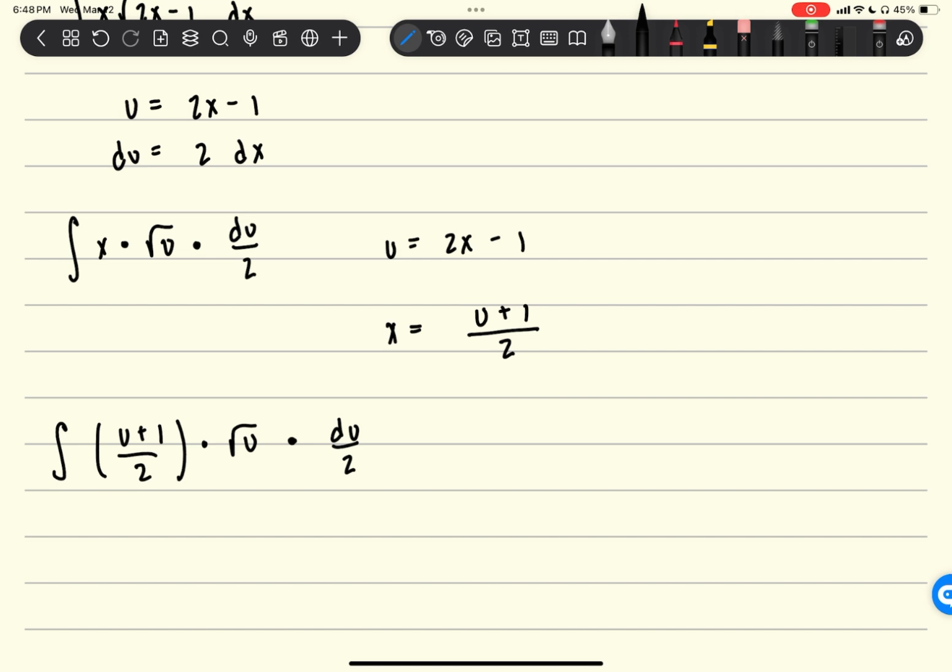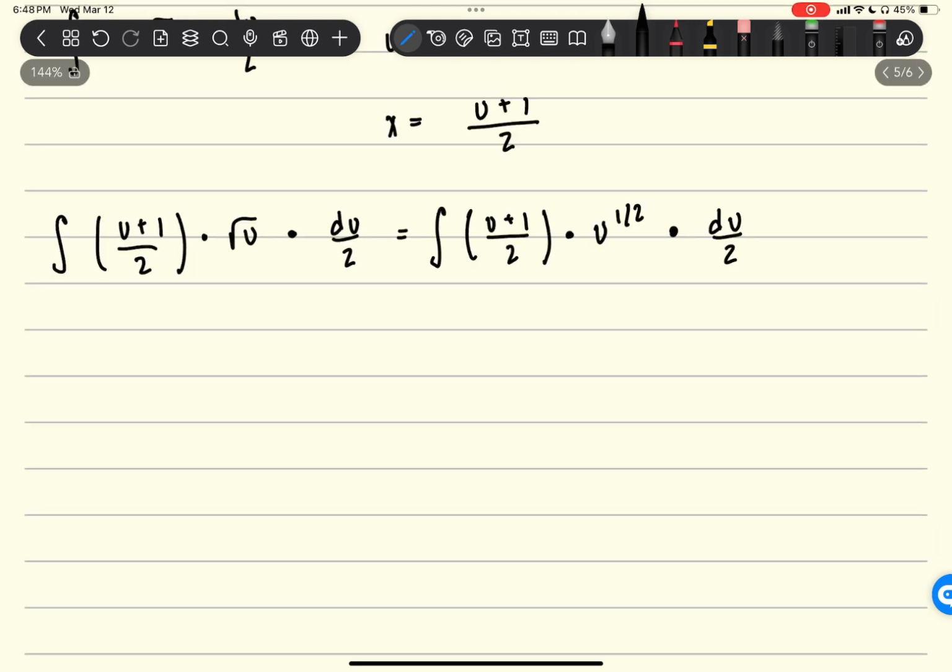Now, the first thing that I'll do to simplify this whole thing, and you'll see why in just a moment, is change the square root of u into its exponential form. So this is going to be equal to the integral of u plus 1 divided by 2 times the square root of u, which is u to the 1/2, times du divided by 2.